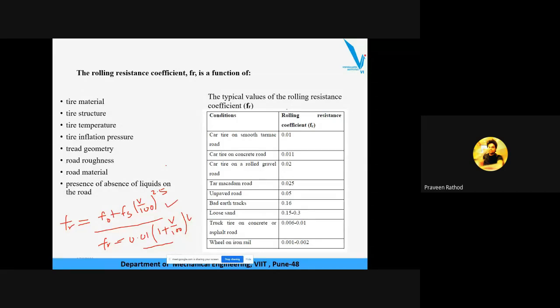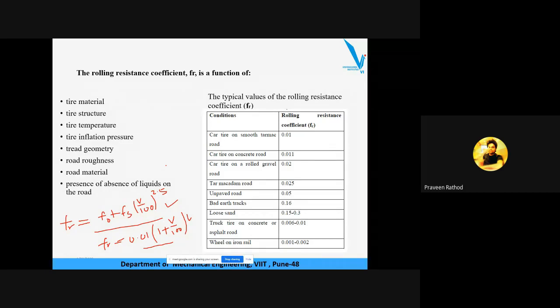How will the rolling resistance vary when there is a variation in the speed? Is the rolling resistance more when the vehicle speed is more or less? Less, sir.